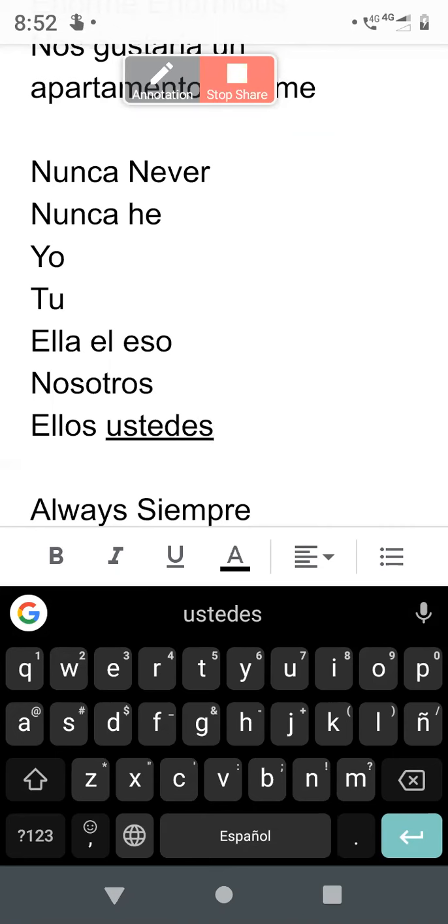For example, the third conjugation is ella, él, o eso, and the fifth is ellos o ustedes. But for yo, tú, nosotros, it's very clear that it's just one pronoun, so you don't need to mention it.